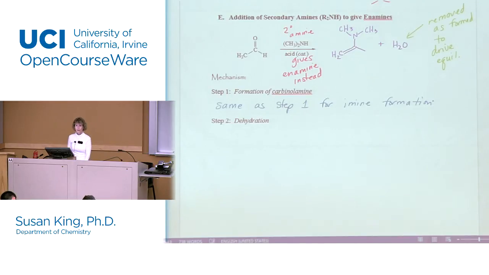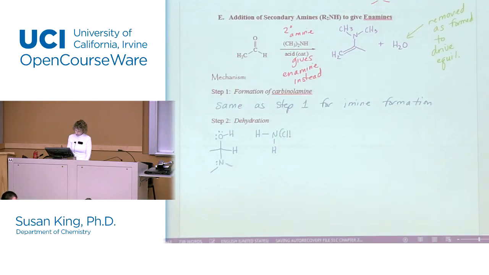So let's go through that in the last minute. We'll see how far we can get. Let's draw our carbonylamine, and you'll see why this is different. We're going to protonate oxygen so it can leave.